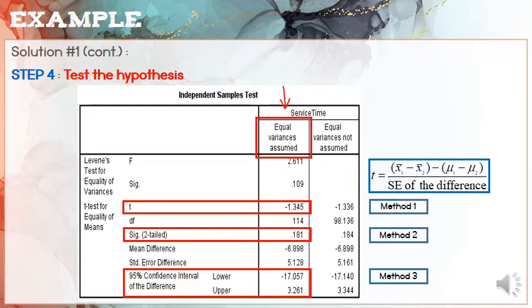So here, our traditional method t value adalah negative 1.345, our p value 0.181, and our 95% confidence interval adalah negative 17.057, and dia punya upper bound dia adalah 3.261. So here, okay, ini formula ada bagi tadi. So SE, okay, mana dapat SE ni, standard error ni dia. Standard error tadi.